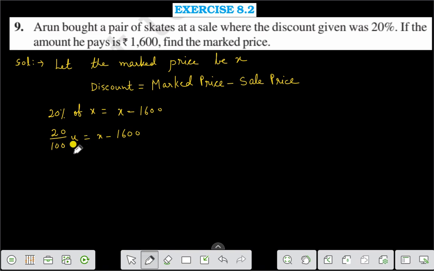Or you can get by transposing, that is X minus 20 by 100 X is equal to 1600.